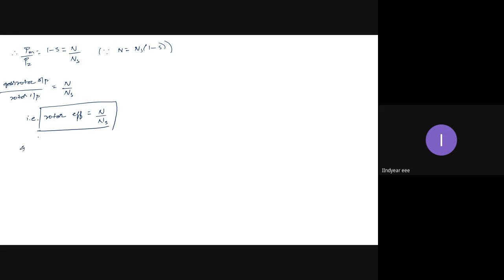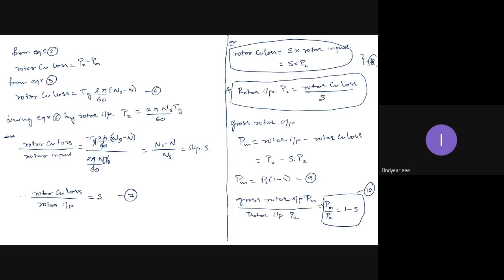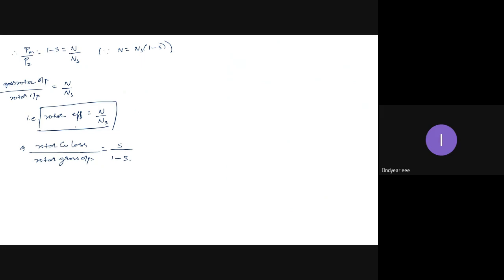And rotor copper loss to rotor gross output is equal to S divided by 1 minus S. This is from equation 7 and equation 10.